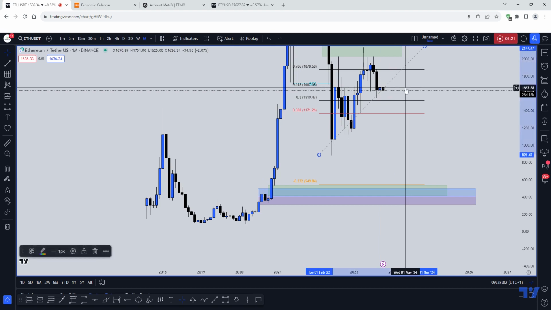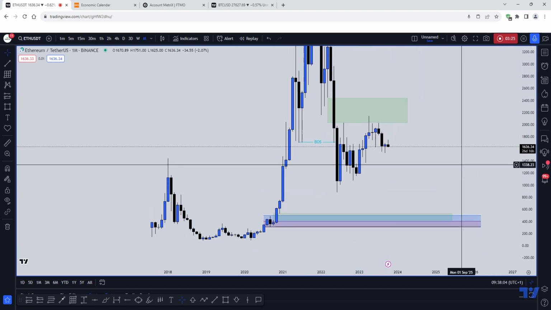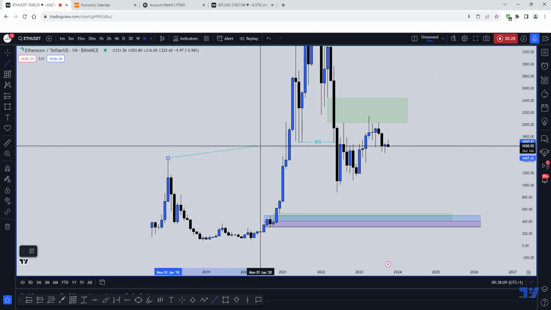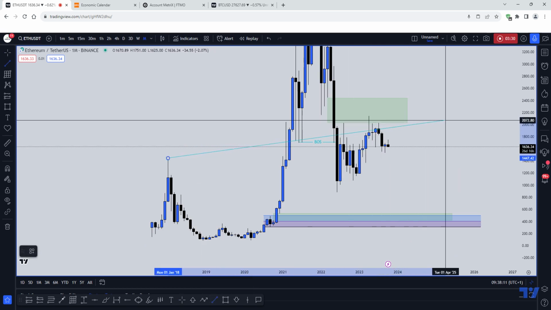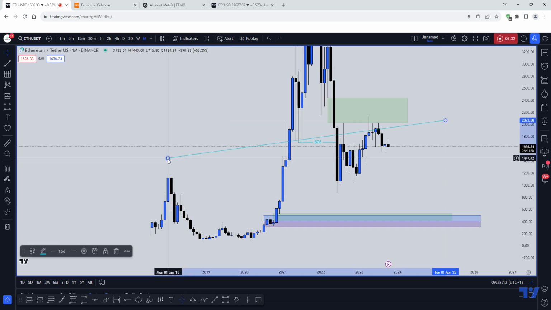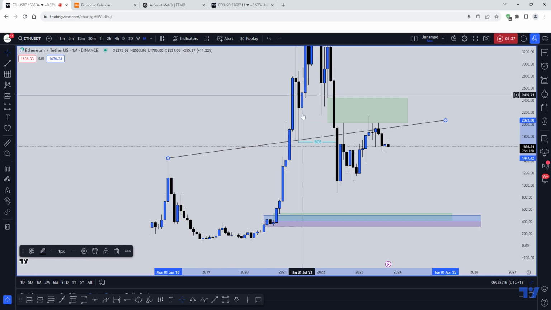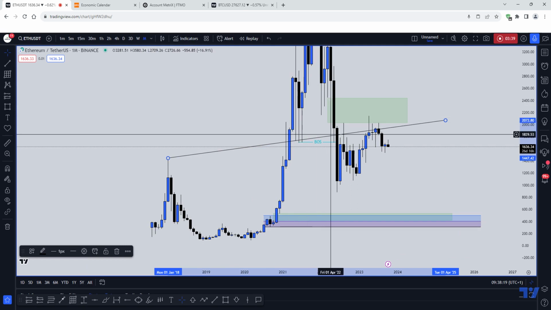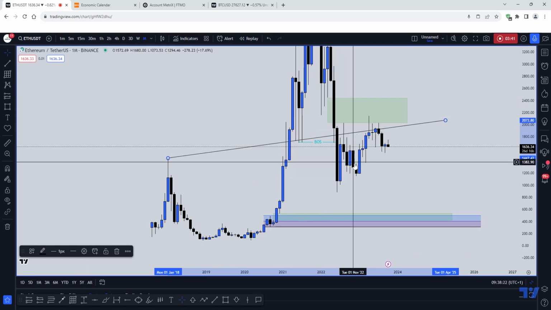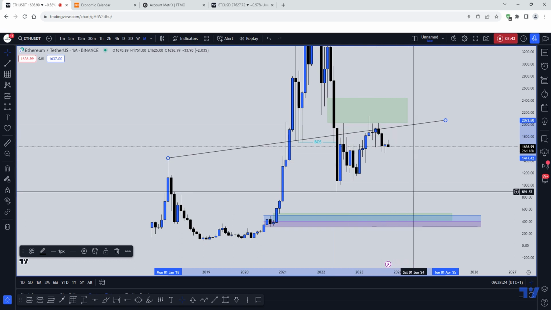There's lots of information we can take from this monthly chart. If we draw a trend line here, we obviously have previous resistance, broke to the upside, turned support, broke to the downside, resistance, selling off, right?